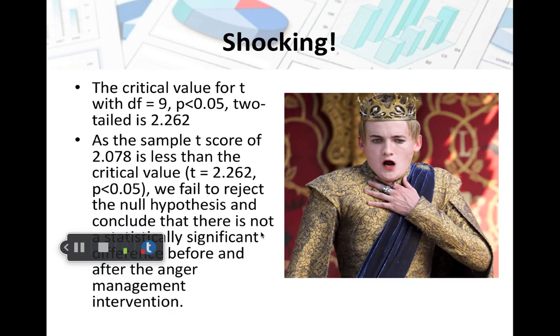If you do that for 0.05, you find that the critical value for t with degrees of freedom of 9, a two-tailed test with 0.05, is 2.262. And so, as the sample t-score of 2.078 is less than that critical value, or the absolute value of one is less than the absolute value of the other, we fail to reject the null hypothesis and conclude that there is no statistically significant difference before and after the anger management intervention.